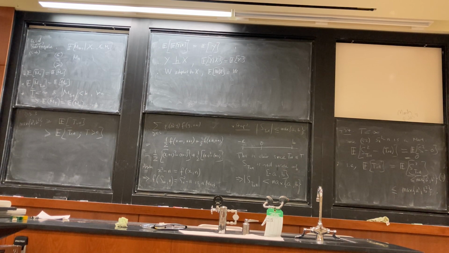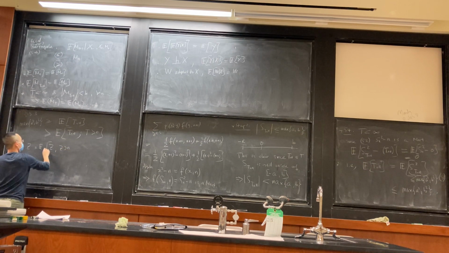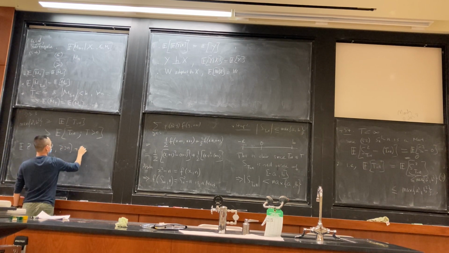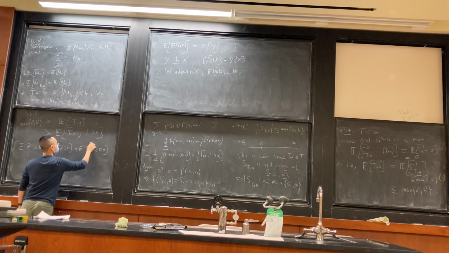Basically, I just decompose the mean into smaller events. Of course, the expected value of, let's say, Z is the expected value of Z with Z greater than n plus the expected value of Z with Z less than n.